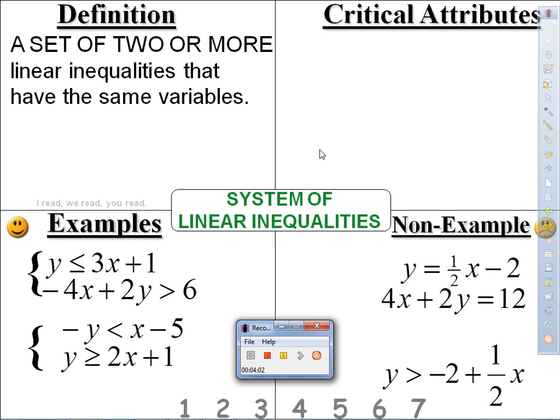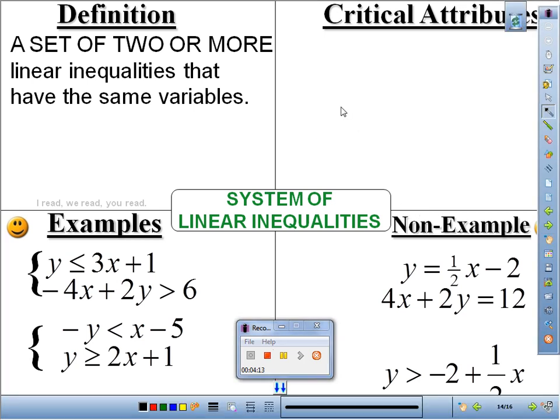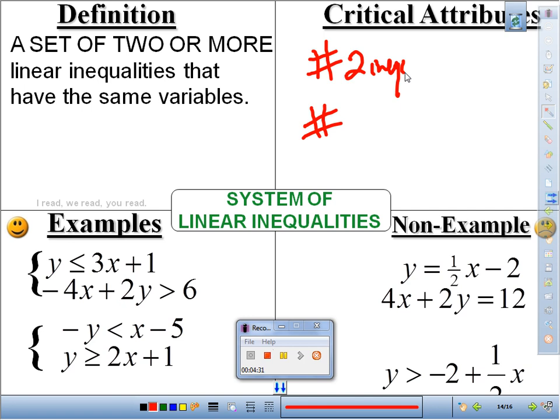Write your hashtags, at least 2 hashtags. And as you're writing one of them, turn to your neighbor and let them know which one you're writing, please. Hashtag what? Isaac, go. Hashtag what? 2 inequalities, okay?